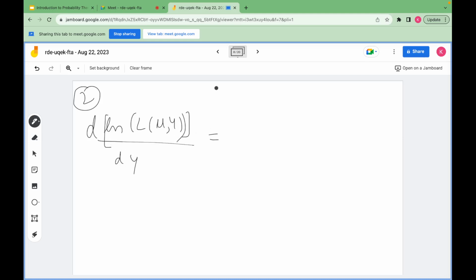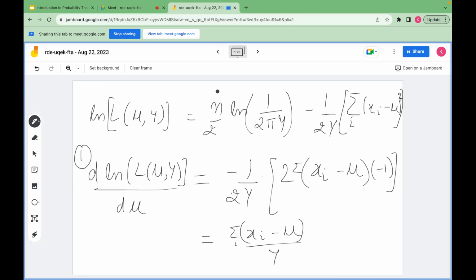Okay, so when we differentiate this with y, this will become n upon 2. This is the constant.